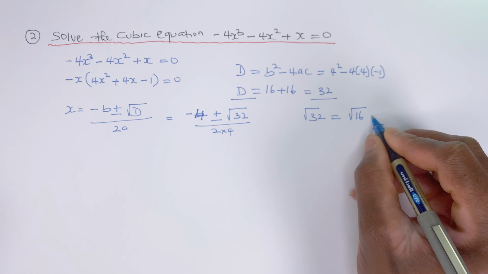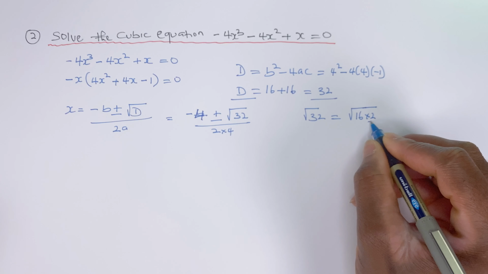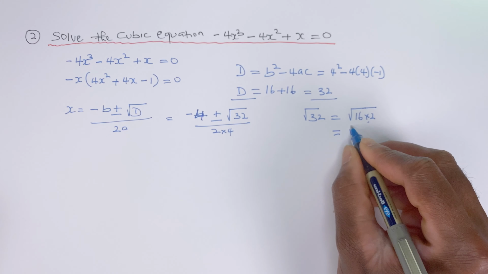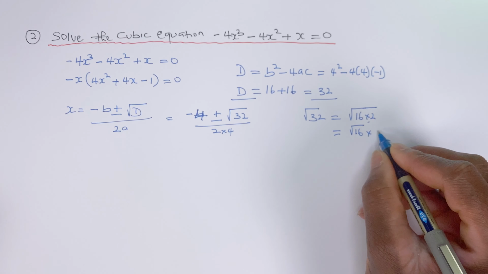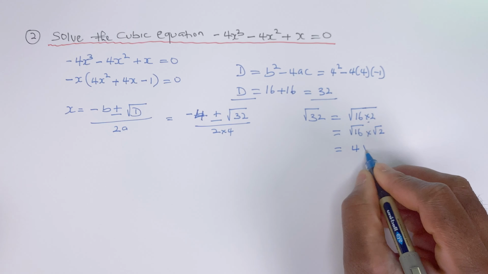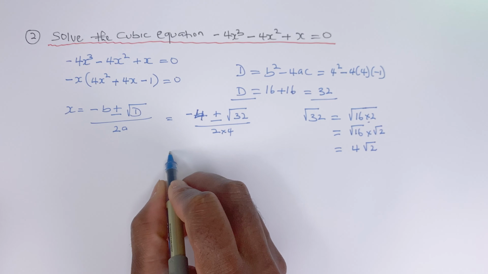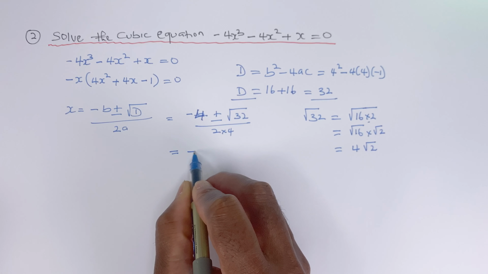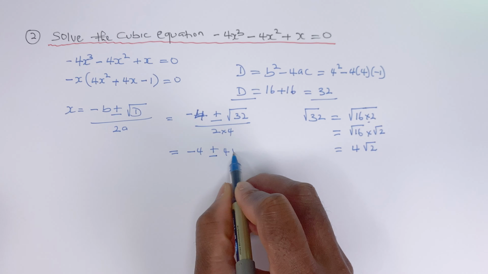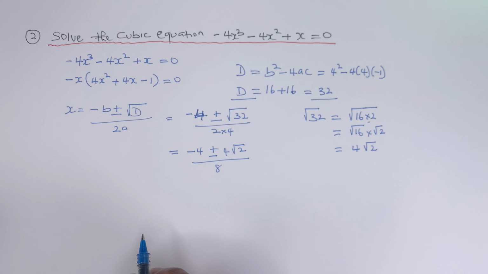So 16 times 2 is 32, and which will be root 16 times root 2, and that will be 4 root 2. So I'm going to use that here. So that will be minus 4 plus or minus 4 root 2 over 8.